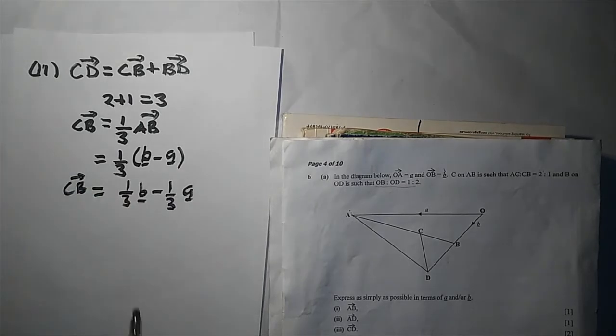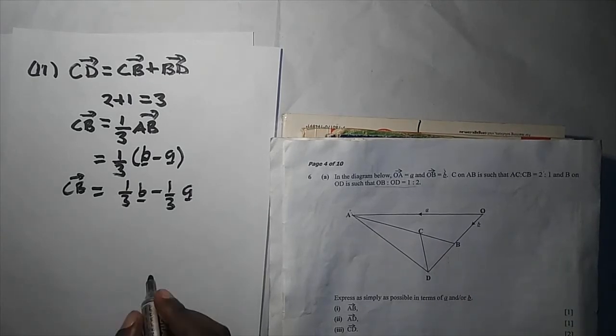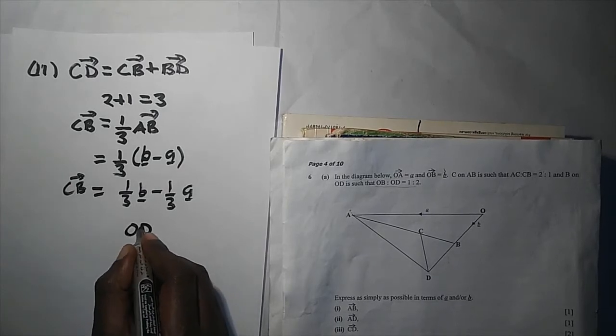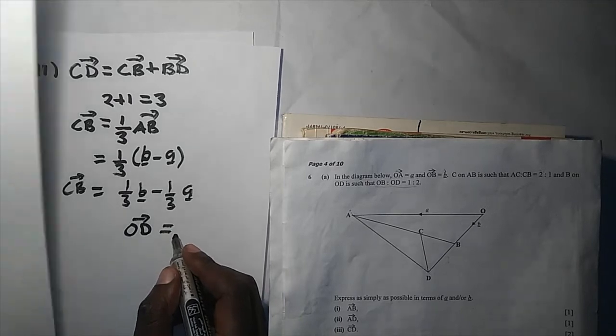So the next step now is to find what BD is. The way we find BD is not very difficult, because we already have the total OD. We found OD. Here it is.